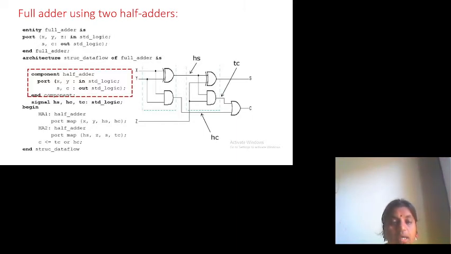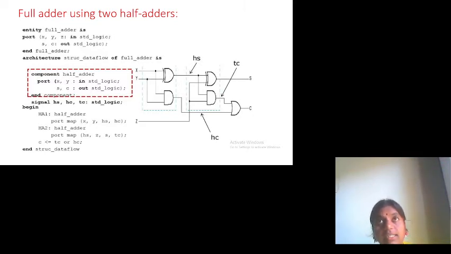You can use that entity twice by instantiating that particular entity, or it can be represented as a component, declared within the architecture, and that component can be instantiated as many times as you require.